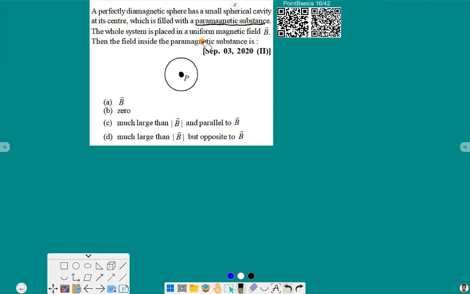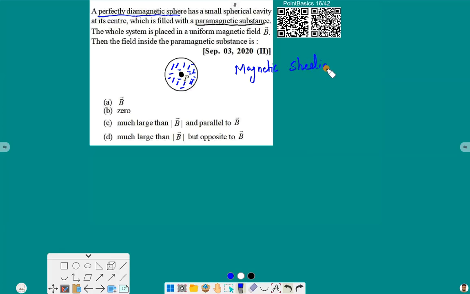There is a cavity, and inside that cavity we have a paramagnetic substance. Near this substance, there is a perfectly diamagnetic material. This blue color indicates perfectly diamagnetic material. So the whole blue color is perfectly diamagnetic material, what does it do?